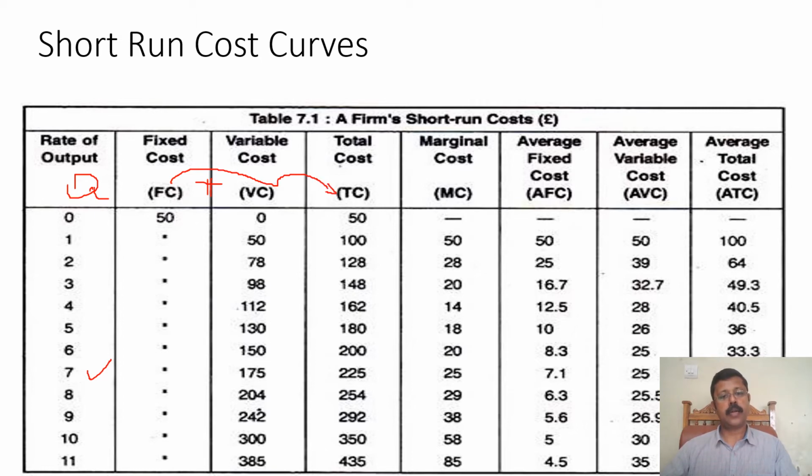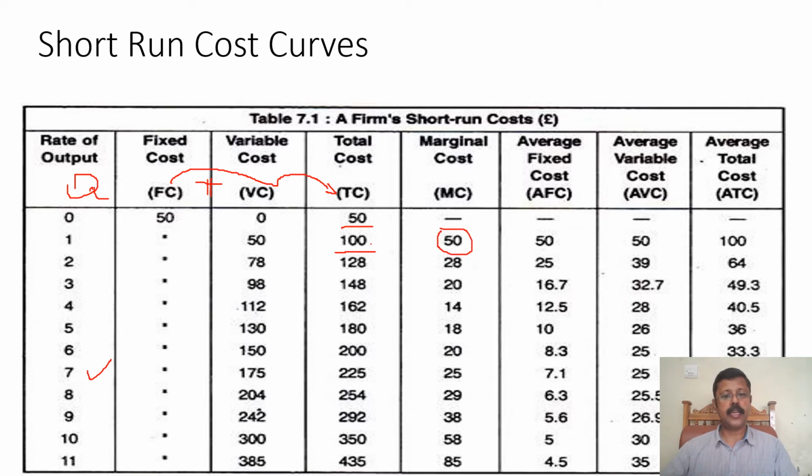What about marginal cost? Marginal cost is the incremental cost. When you added one more output, so what happened? That is marginal cost. Okay, so you can see here, at this output the total cost is 100 and here the total cost was 50, therefore marginal cost is 100 minus 50, which is 50.